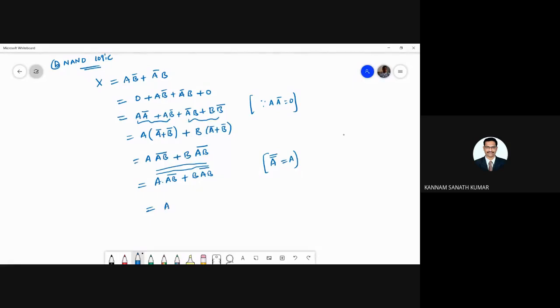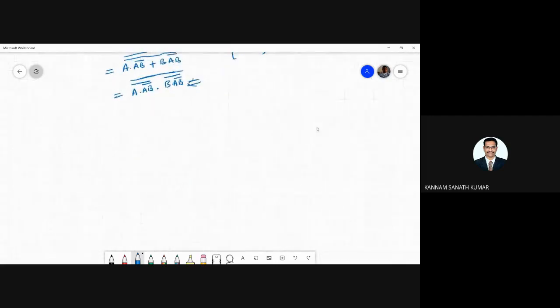So what I am getting? A into AB bar, whole bar. This complement will be applicable to each and every one of these two variables, B into AB bar, so whole bar. Okay, so I'm using this expression, and I'm going to realize this one with the NAND gate.